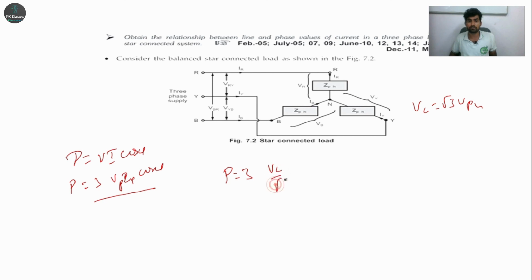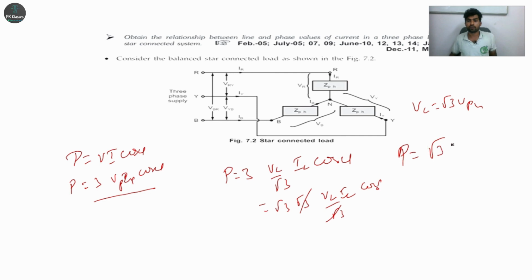So VL by root 3 into I phase, which is IL, cos phi. Root 3 into root 3 is 3, so 3 VL IL by 3 cos phi. When this cancels, you get power is equal to root 3 VL IL cos phi. Okay, this is the derivation of this equation.